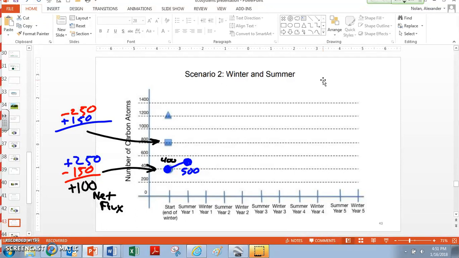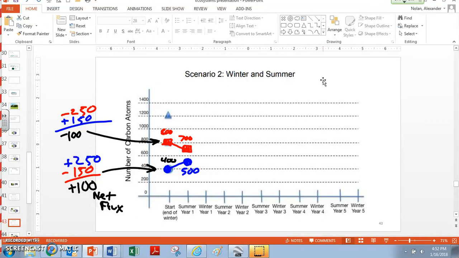So if I added these up, I would get a net change of negative 100. And so my inorganic carbon was 800, and it is now going to lose 100 pounds, so that it is 700. That's because its net gain is the opposite of our organics.